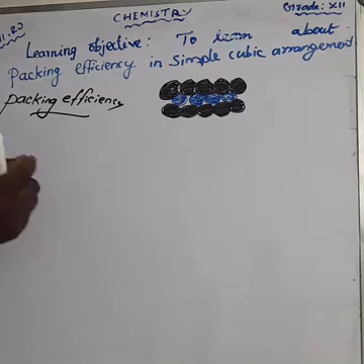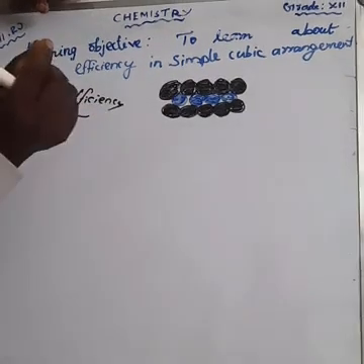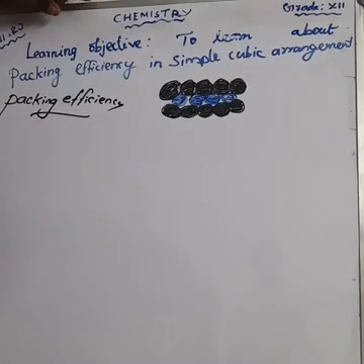Here, the percentage of total volume occupied by the constituent spheres gives the packing efficiency of the arrangement. First we shall learn about the packing efficiency of a simple cubic arrangement.